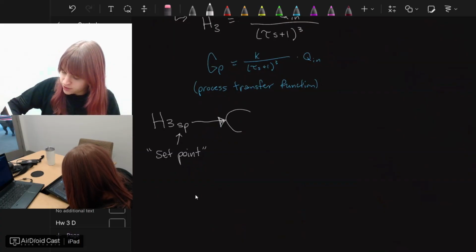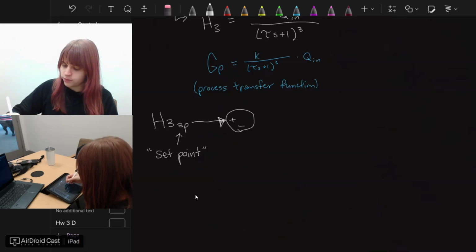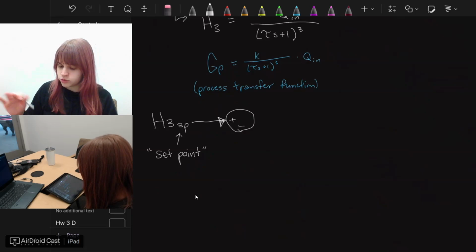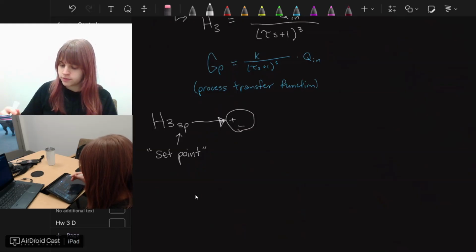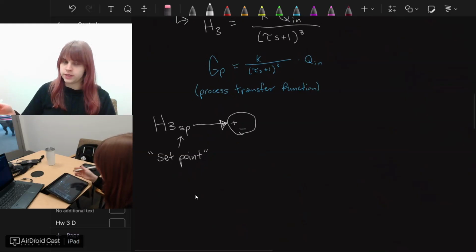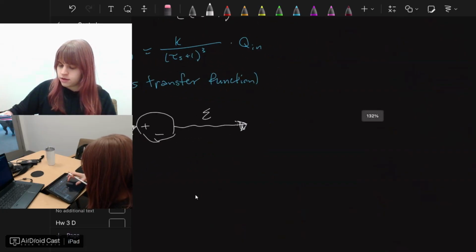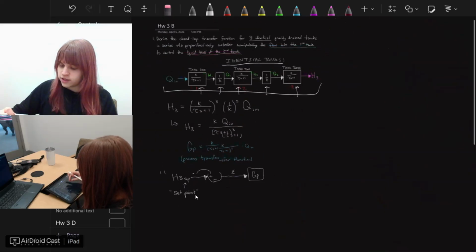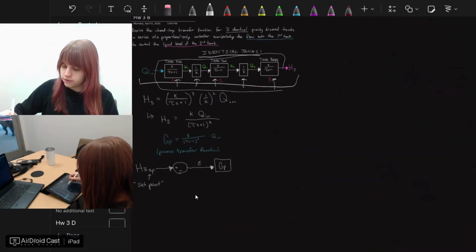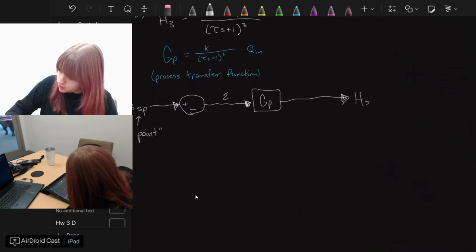We would have a comparator here that will increase or decrease based on the difference between H3 and H3 set point. So how far you are from where you want to be. This right here is the error. This GP is actually represented by this whole thing right here that I just boxed in. And coming out of here would be H3.